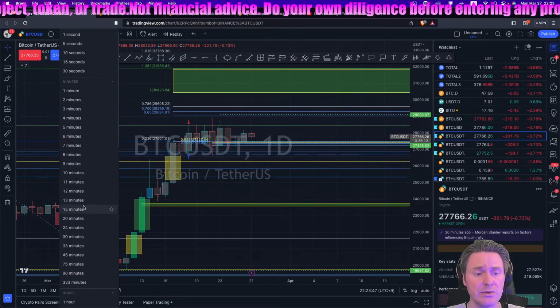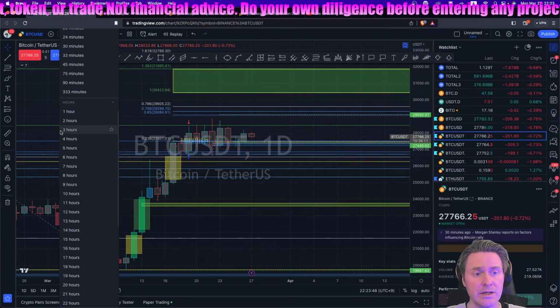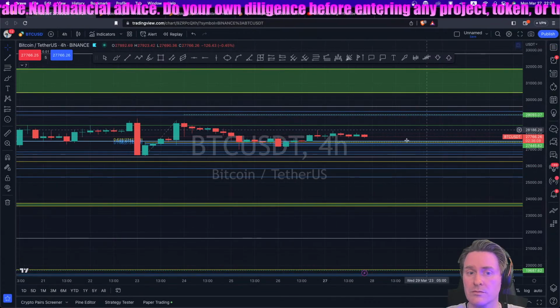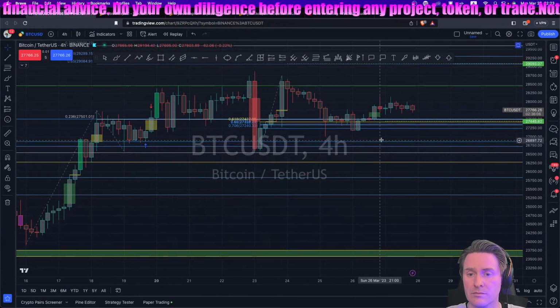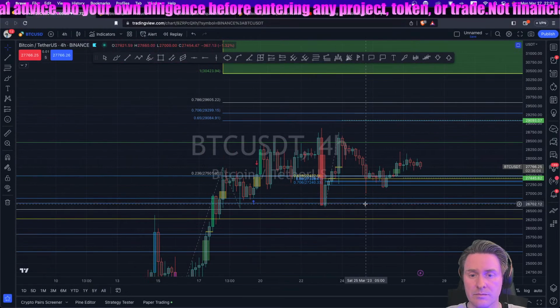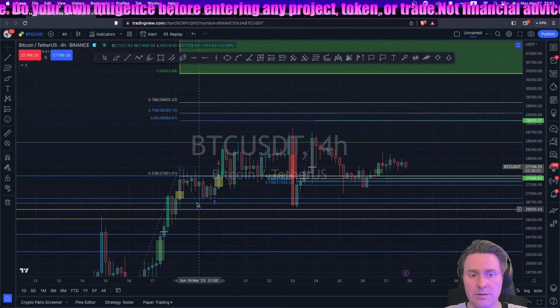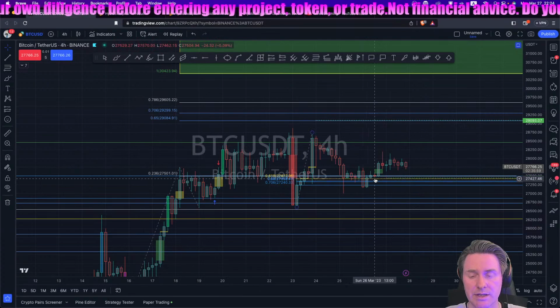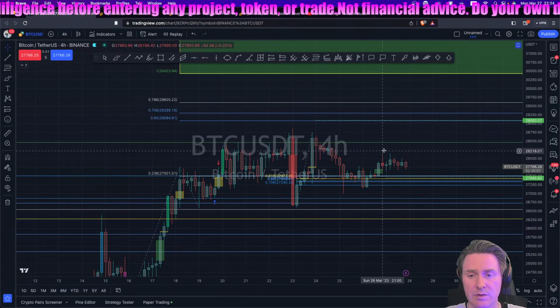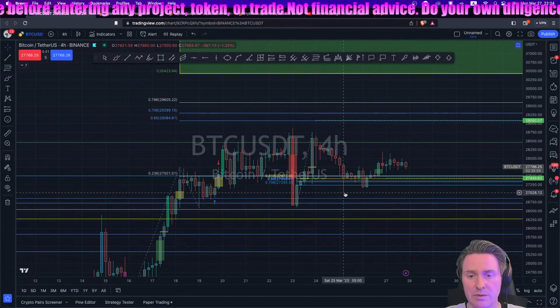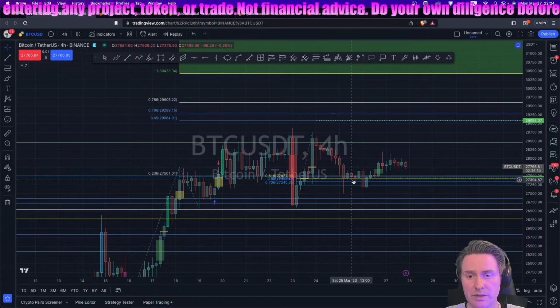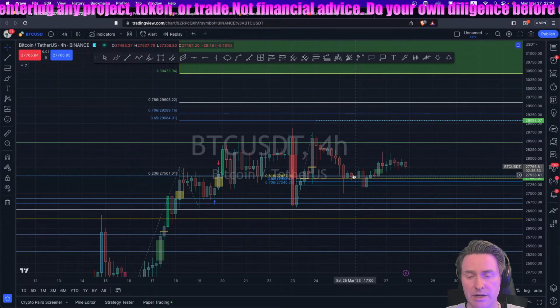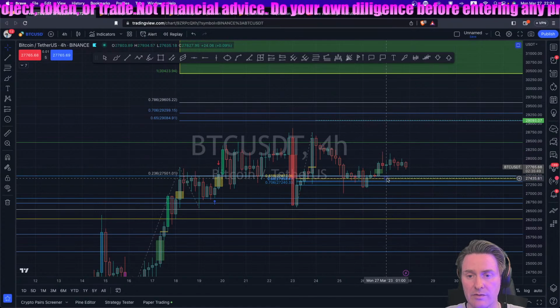And if we go to the 4 hour here, so this is the impulse retrace, the 236 that we needed to maintain. We did, and we shot up to another impulse that we took from here, impulse retrace, and that gave us this region which we came back off of.